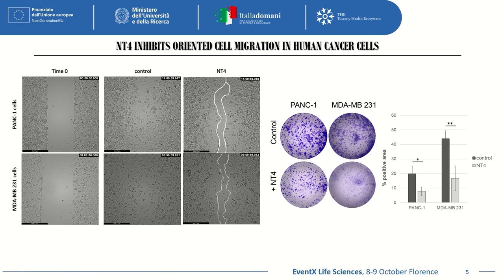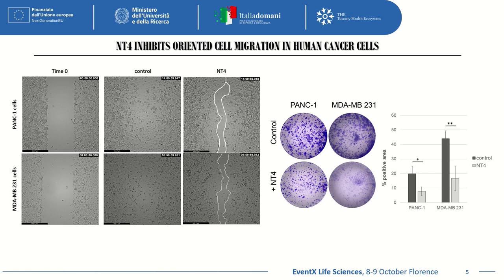This is what we got with different cancer cells. This is pancreatic adenocarcinoma, and these are the very famous aggressive human breast cancer cell lines. By adding the peptide, it was clear that the migration was lowered.